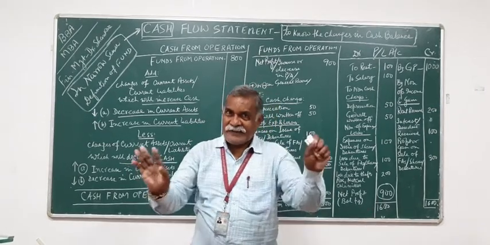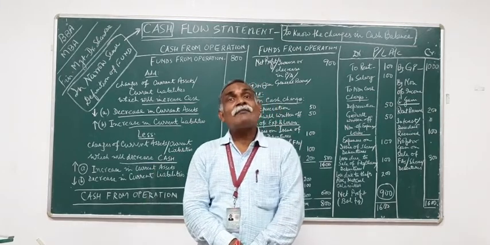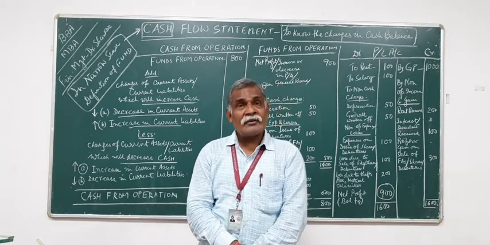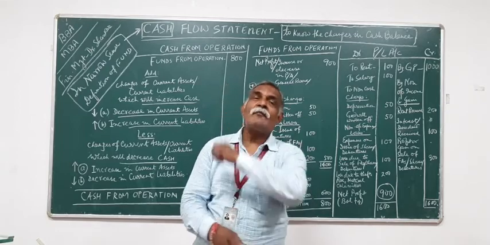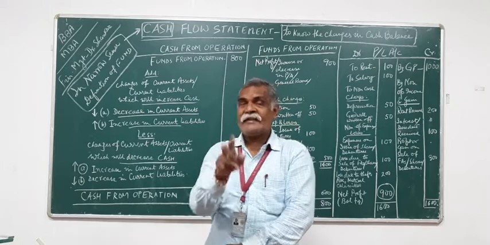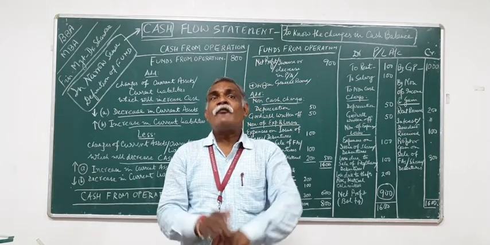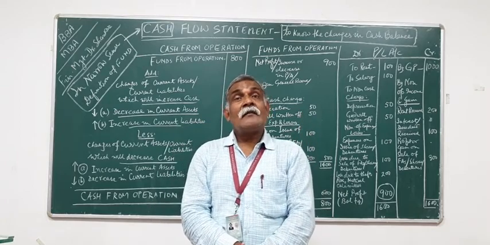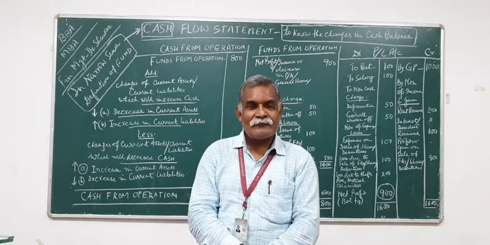So fund is clear. Now, in fund flow statement we prepare funds from operation. Here we prepare cash from operation. What is the difference between fund from operation and cash from operation? Fund from operation, as you know, is also known as adjusted profit and loss account.